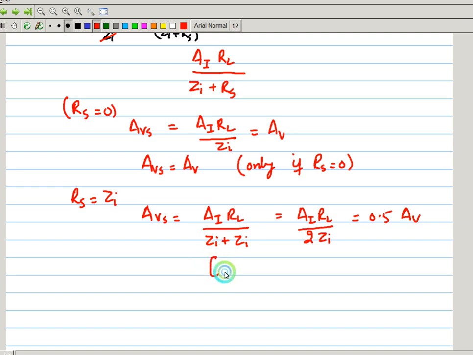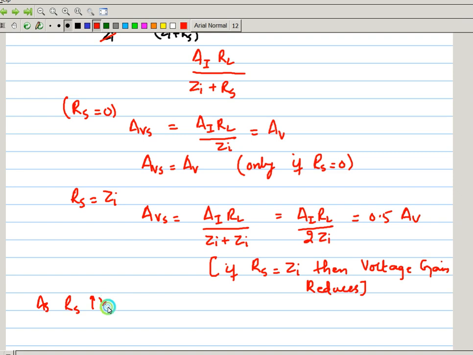So it says that if Rs equals Zi, then the voltage gain reduces. So as Rs increases, AVs decreases.